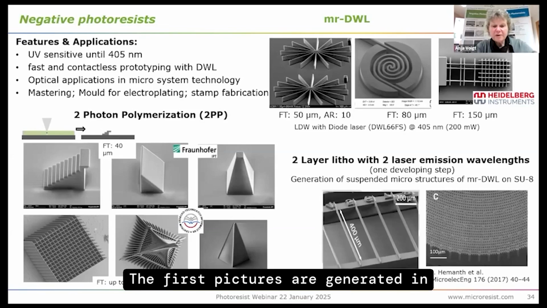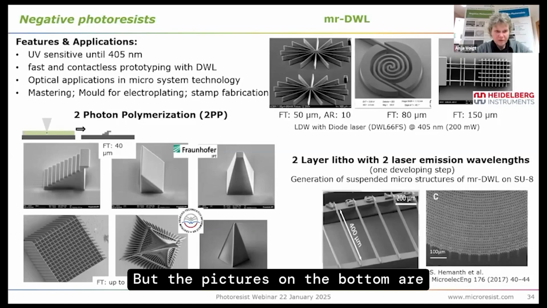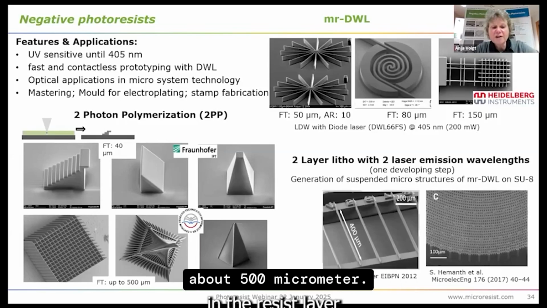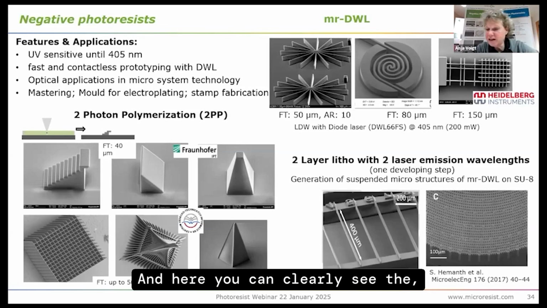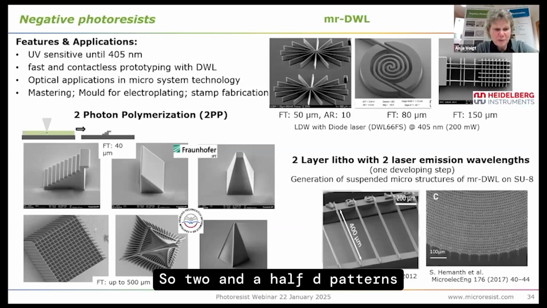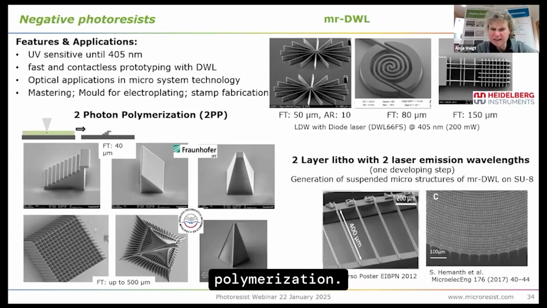The first pictures are generated in 30 micrometer thick layers, but the pictures on the bottom are generated in a resist layer of about 500 micrometers. And here you can clearly see the 2.5D patterns generated by two-photon polymerization.